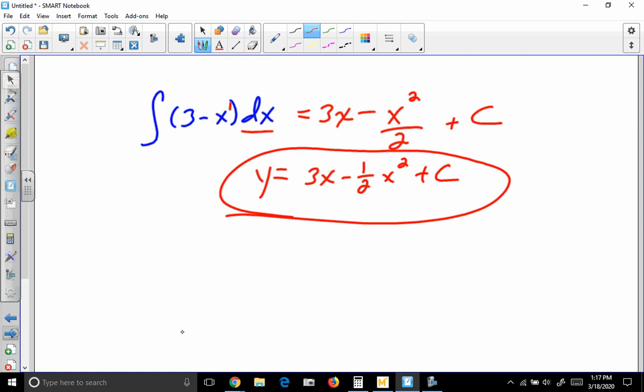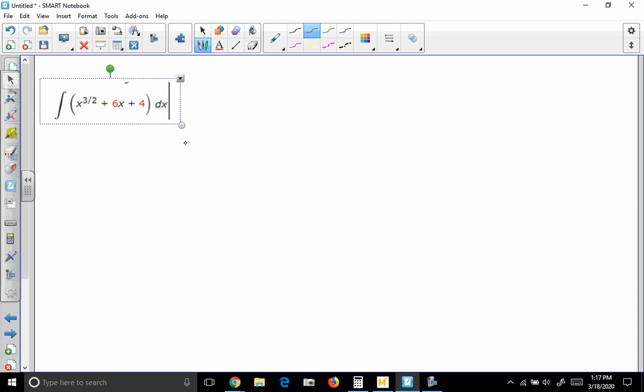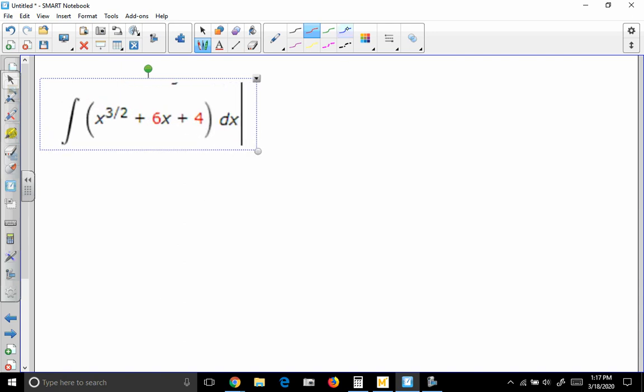So let's do another one. Let's do this one. This one doesn't have exponents that are all integers. Copy it. So we have 3 different terms. So we're going to get the antiderivative of each term separately.